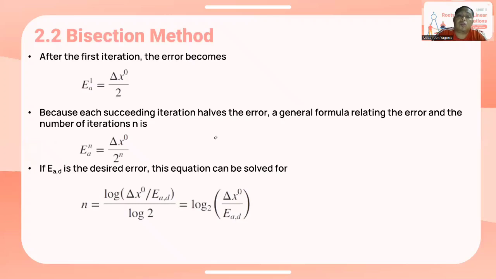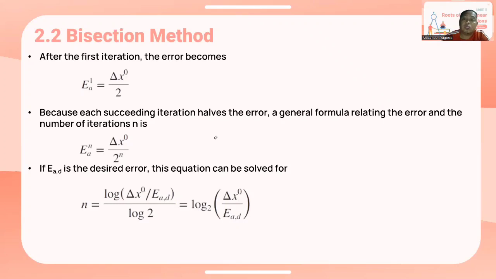And for the succeeding iterations, we can get E sub A raised to N is equal to delta X raised to 0 divided by 2 raised to N, wherein N is the number of iterations.